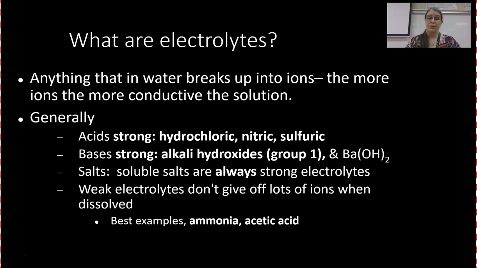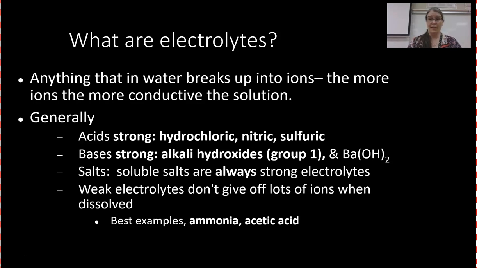But there are also weak electrolytes, which also overlap with our weak acids and bases. Weak electrolytes do not break up and give up lots of ions when dissolved. Some really common examples of that are ammonia. When ammonia dissolves in water, it forms a small amount of ammonium hydroxide, and that is ionic, but most of the ammonia just remains as NH3.